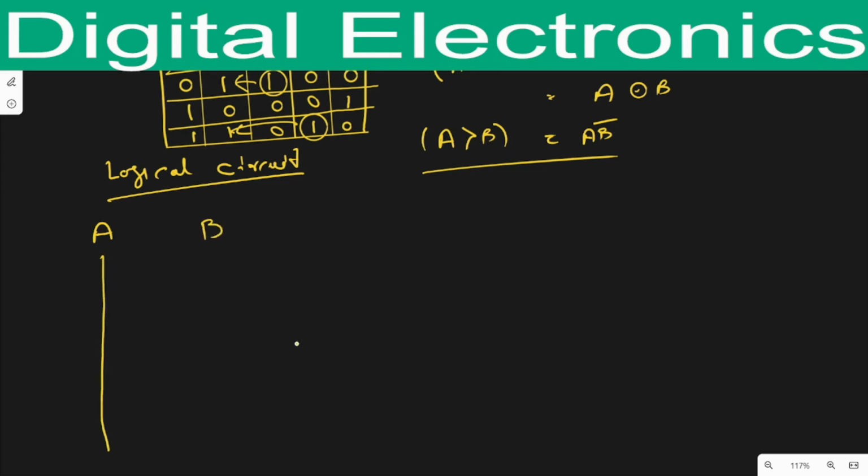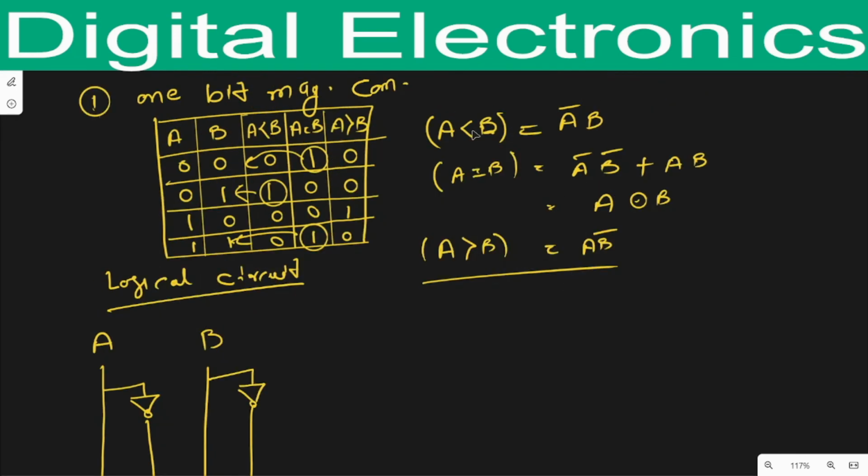I will write here B and take some wire. Now I will connect a NOT gate here and take some wire. Now I will connect a NOT gate and take some wire. Okay, now our first output is A is less than B equals A bar B.